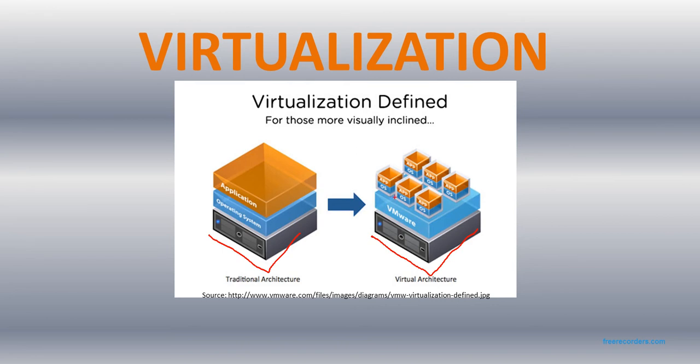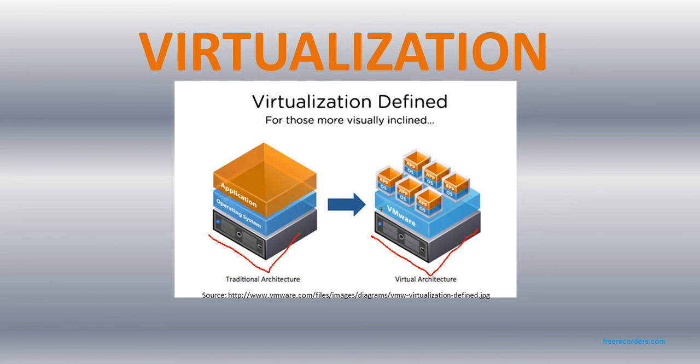Now, inside these virtual computers, we can install operating systems and applications on top of the operating systems. Okay. These operating systems that you install, they are completely oblivious to the fact that they're in a virtual environment. They think that they're the only operating system on that hardware. Each one of these operating systems thinks that.